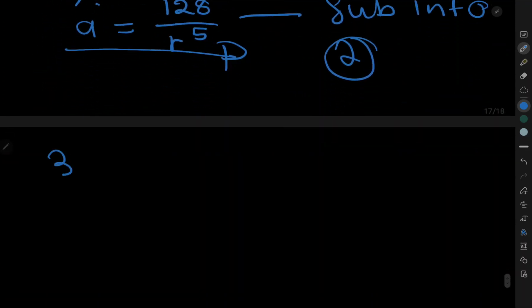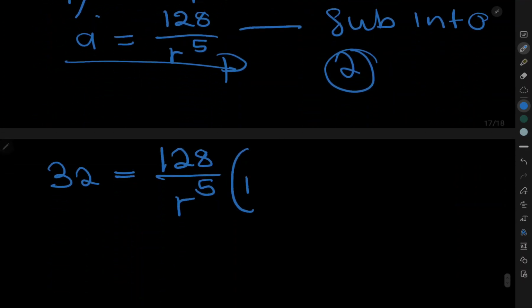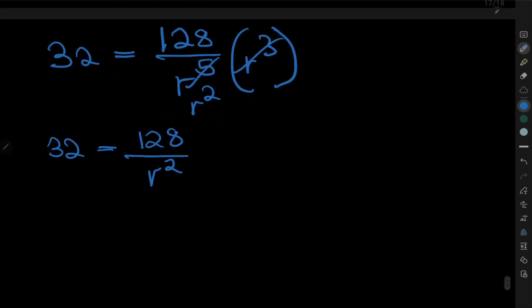So I rewrite it: 32 equals 128 over r to the power of 5, times r to the power of 3. From here I cancel these out, and I have r squared remaining. So now I have 32 equals 128 over r squared, and I'm going to multiply both sides by r squared.